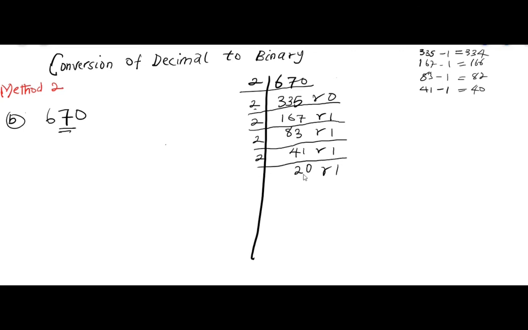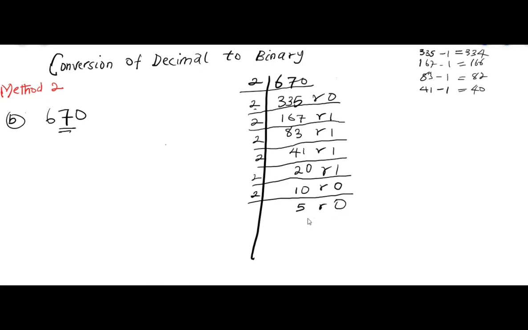Then the next thing is you use 20 to divide by 2. 20 divided by 2, you have your 10, and since 20 is an even number, the remainder here will be 0. Okay, so you go again. 10 divided by 2, and 10 is an even number, so you have 5, and the remainder will be 0.